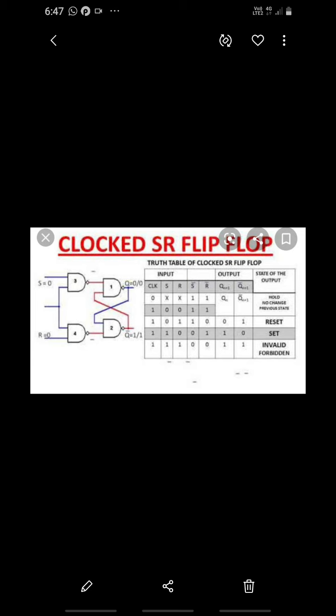So the logic diagram of the flip-flop is shown in the above PPT.